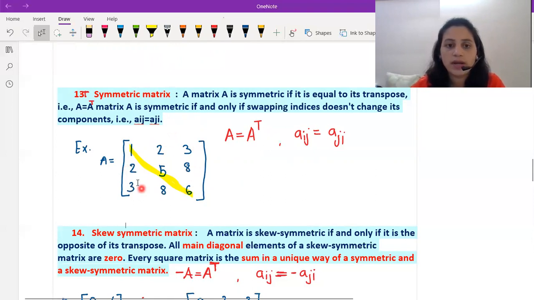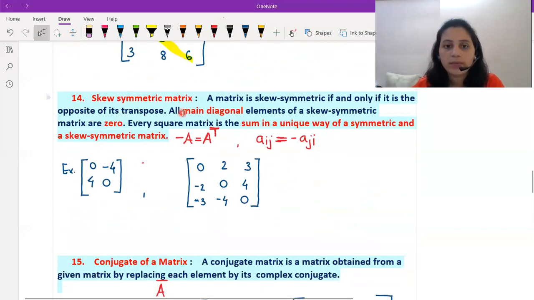So this is a symmetric matrix, because if I take the transpose of this matrix, my first row, that is 1, 2, 3, becomes the first column of A transpose. Now 2, 5, 8, the second row of the matrix A, again becomes the second column of A transpose. So symmetricity is with respect to the non-diagonal elements and the main diagonal, the leading diagonal.